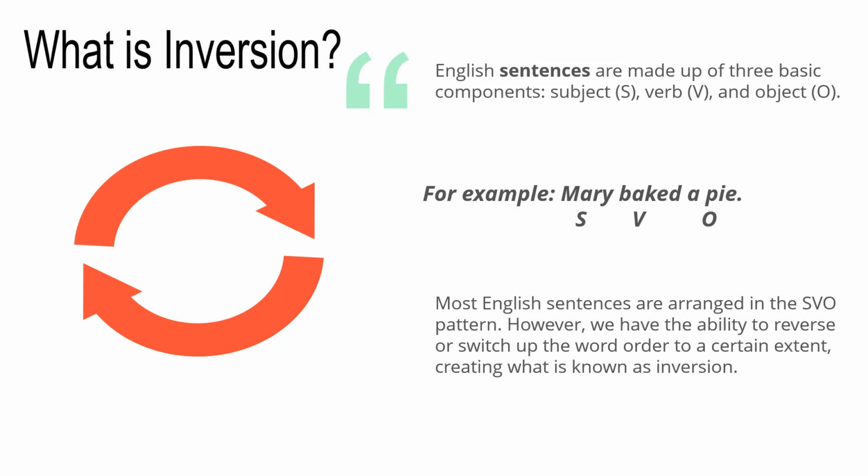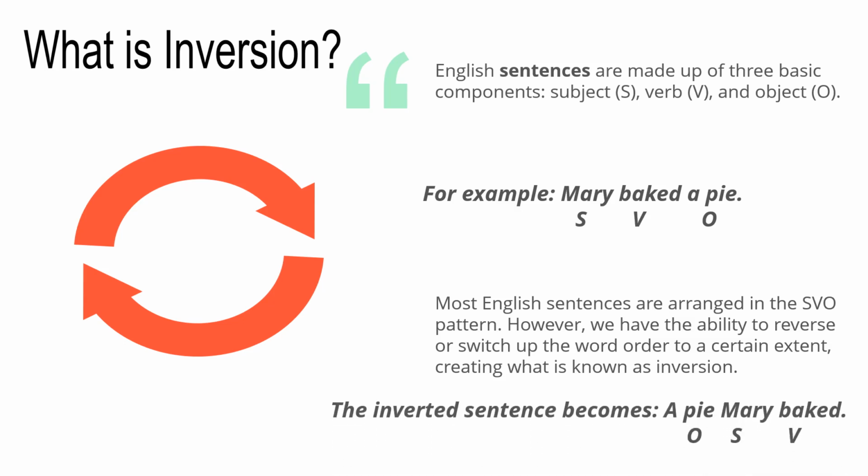We have the ability to reverse, or in other words, to switch up and change the word order to a certain extent. So when we switch up the subject and the verb and the object order, then we create what is known as inversion. So if you want to invert the basic components in the above example, the inverted sentence becomes a pie Mary baked.